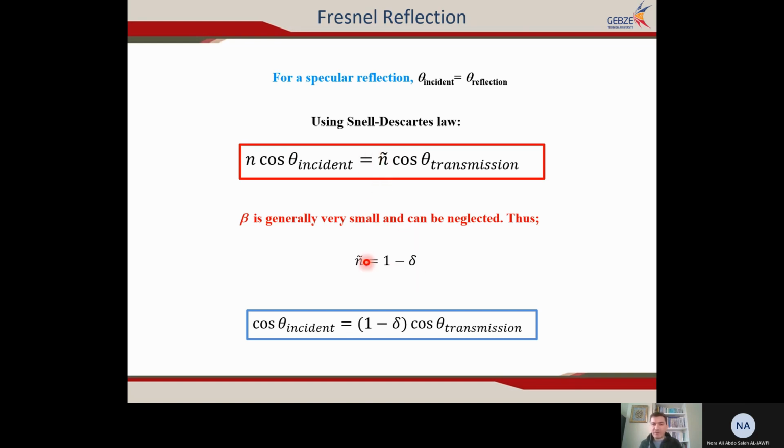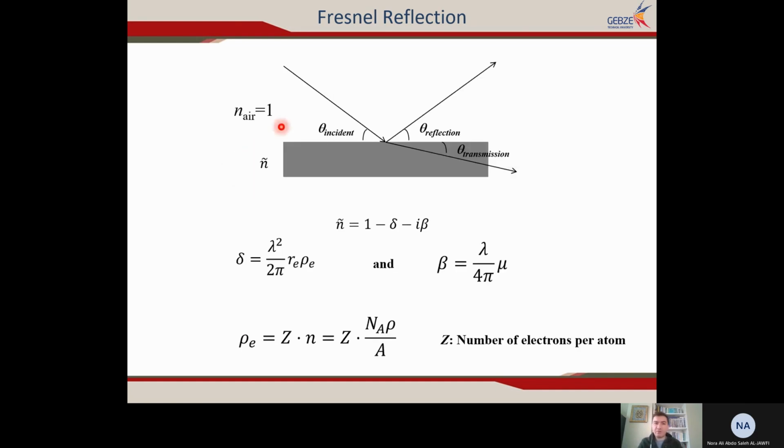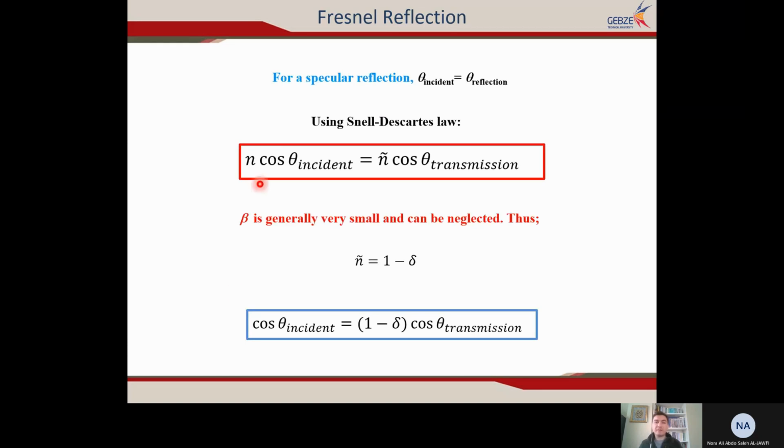Just put this n here. And here we have n air. N air is 1. Just put 1 here. Then finally, this Snell-Descartes' law can be written in this form: cosine theta incident is equal to 1 minus delta, this is n medium, times cosine theta transmission.